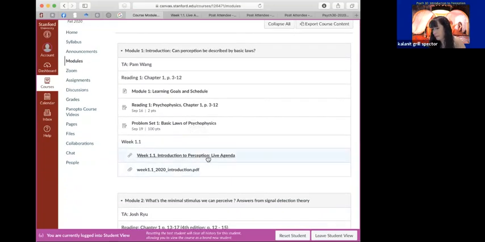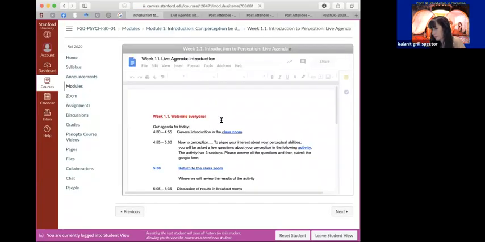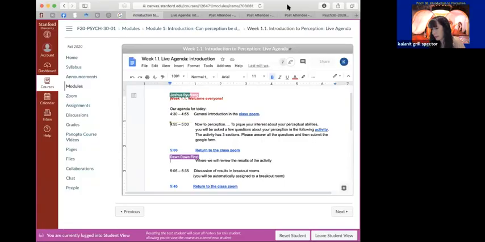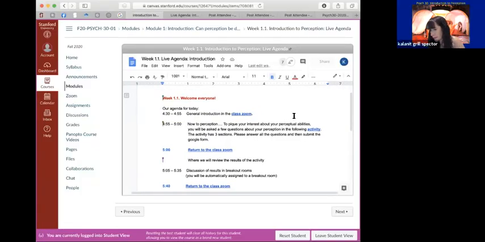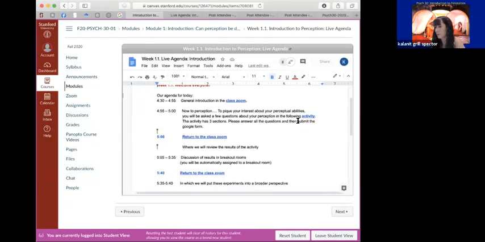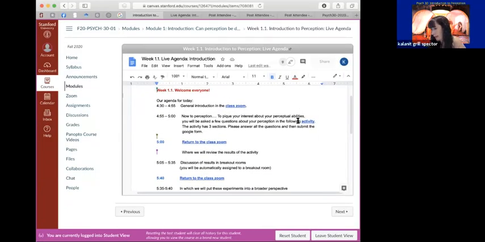Another thing we're going to have on Canvas is this live agenda. I want to introduce this live agenda document to you, and I really hope you can all click on it and have it available at the beginning of each class. The reason we've generated it is that throughout the classes we have embedded activities, so we're going to go in and out of the Zoom.